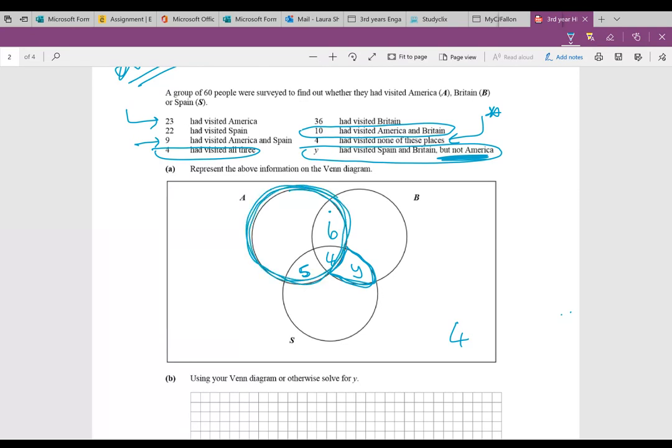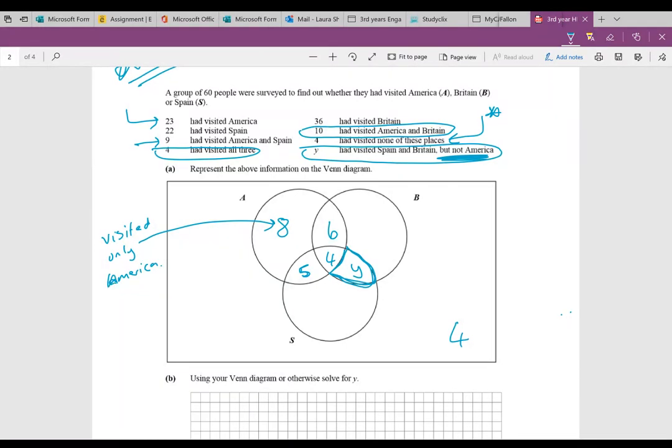So I already know that there are 6 and there are 4 and there are 5 people accounted for. So there's actually only 8 people left for that section. Okay, and those 8 people visited America only, so didn't visit the other countries.